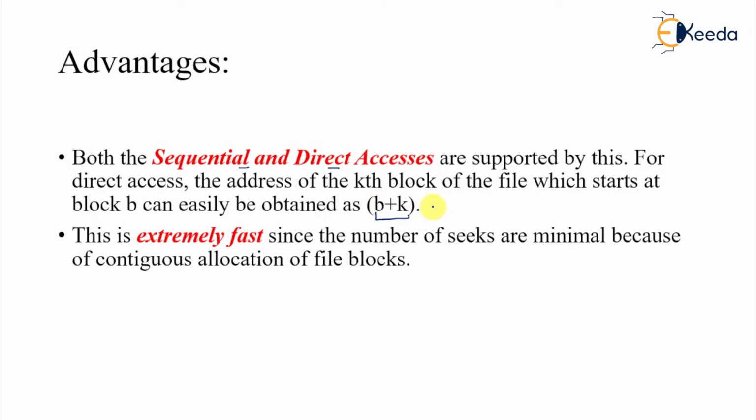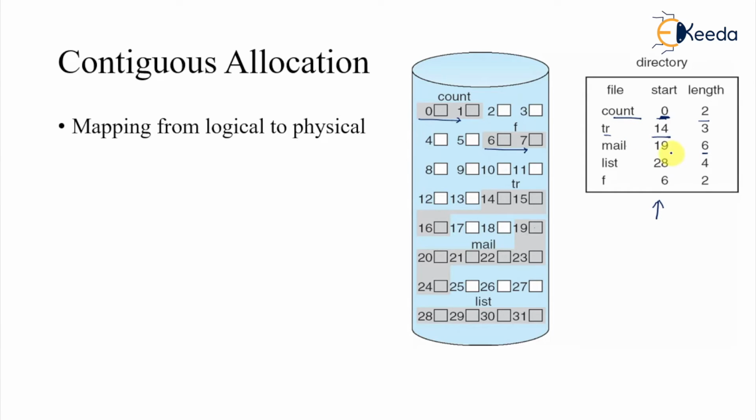Plus or minus is okay, and that actually depends upon the implementation. But suppose the starting block is 19 and you want the 4th block, then 19 plus 4, you go to the 23rd block.